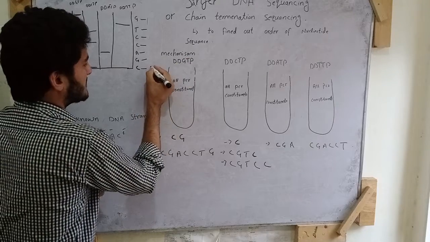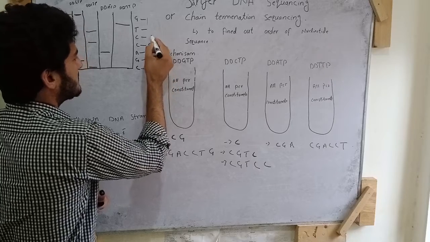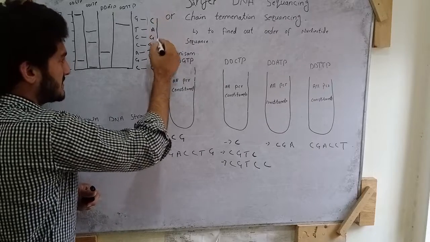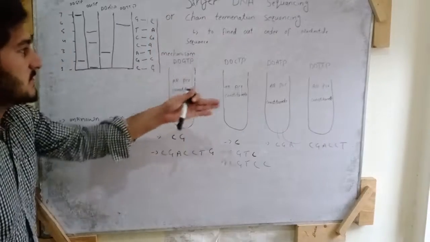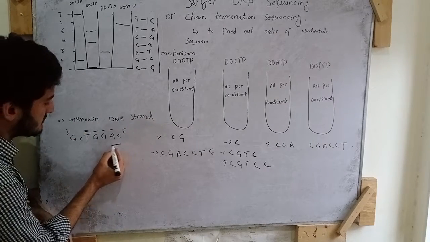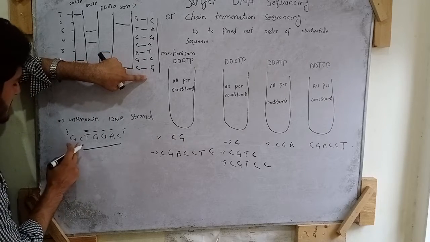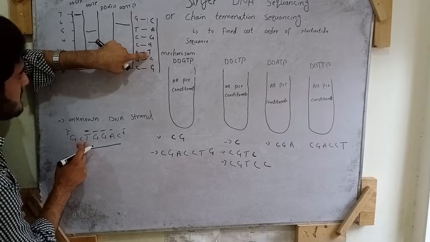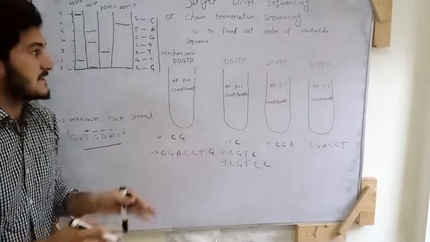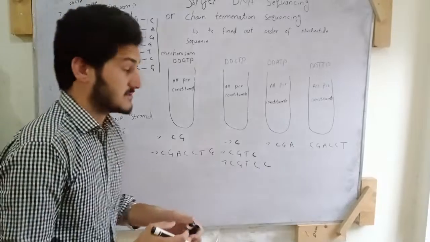The complement of this sequence is G C T G G A C. Now we match this sequence, which comes from our Sanger sequencing process, to the unknown sequence. Here G, and here also G is present, C C T T G G G G A C. So we have done the sequencing of the unknown template strand.